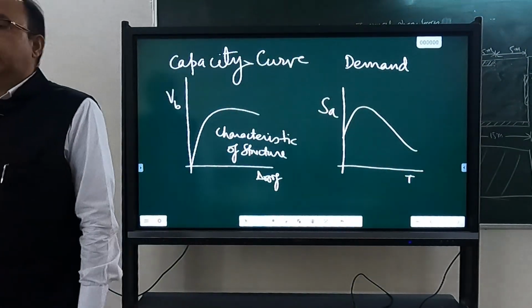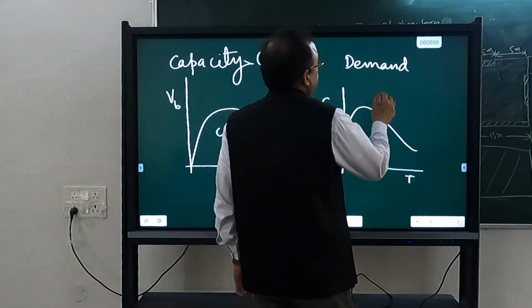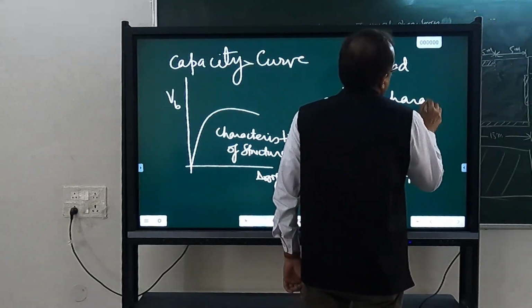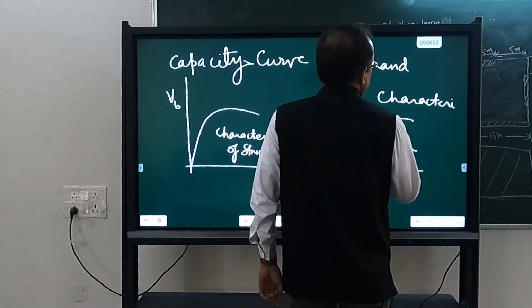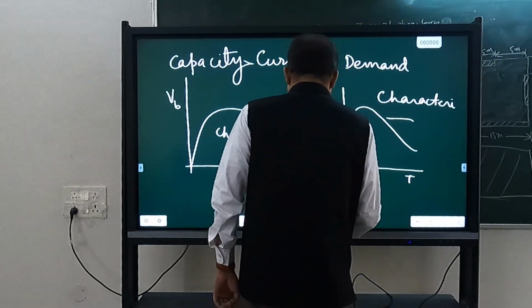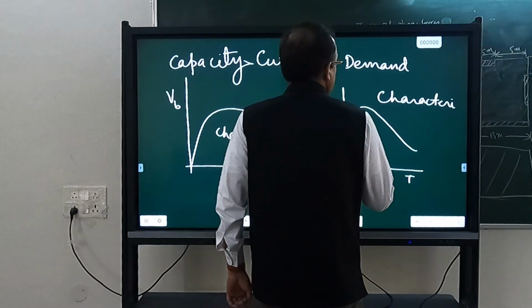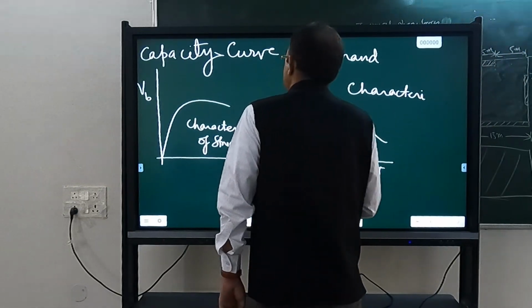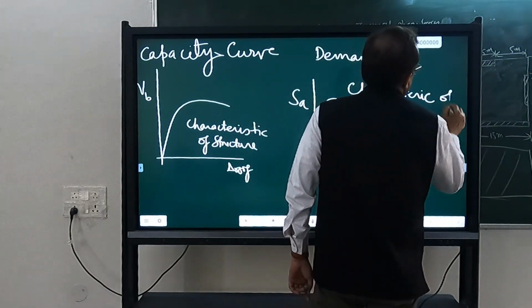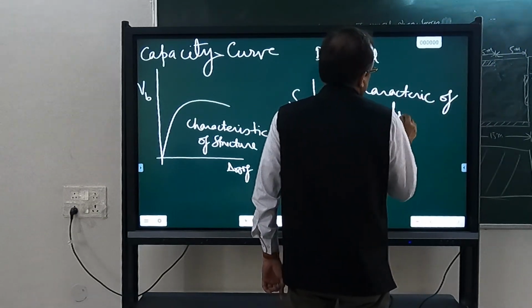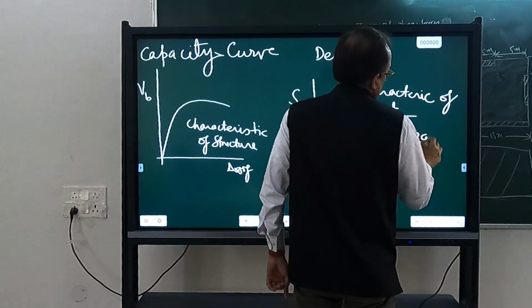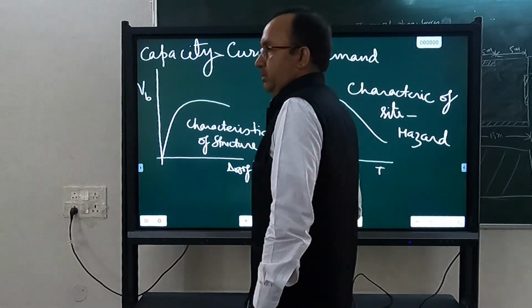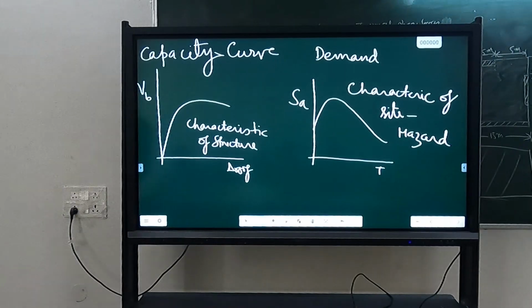So this is the demand, and this is a characteristic of the earthquake or site. This is the hazard for a given rate of occurrence.